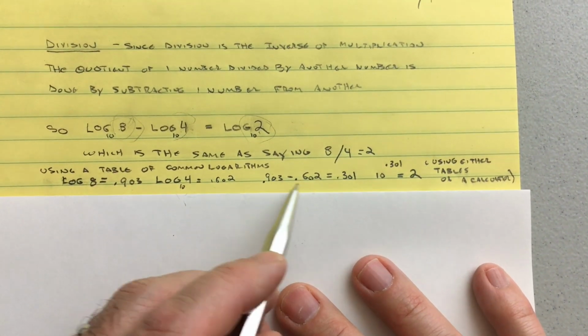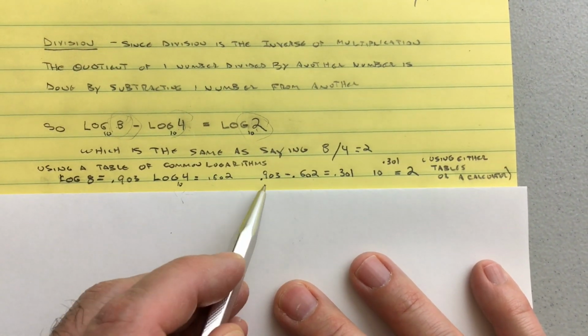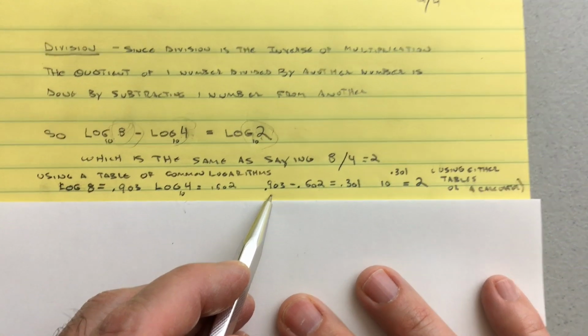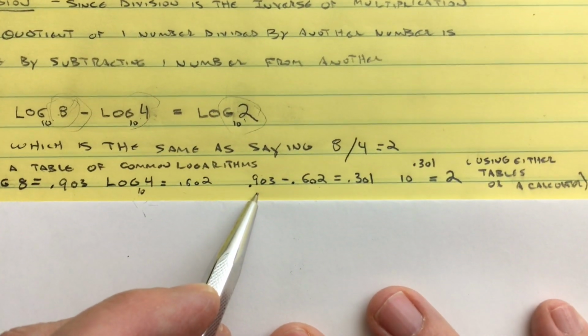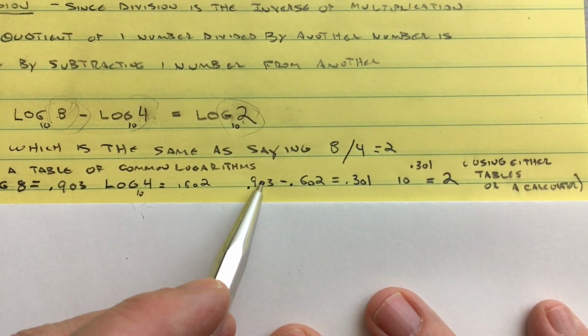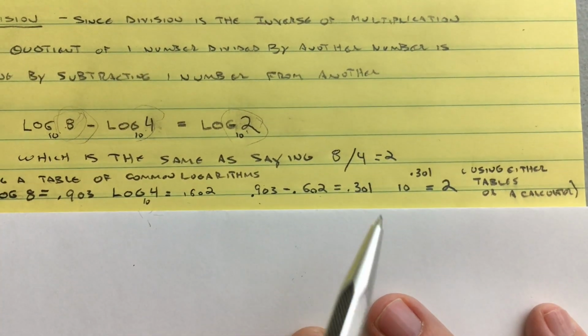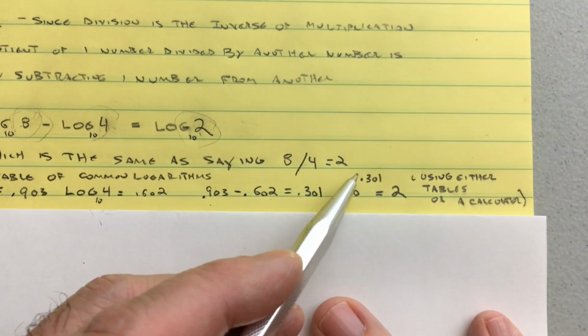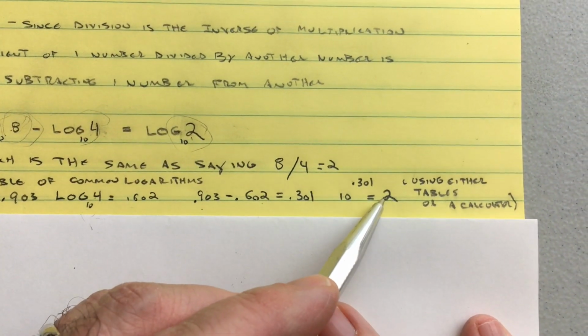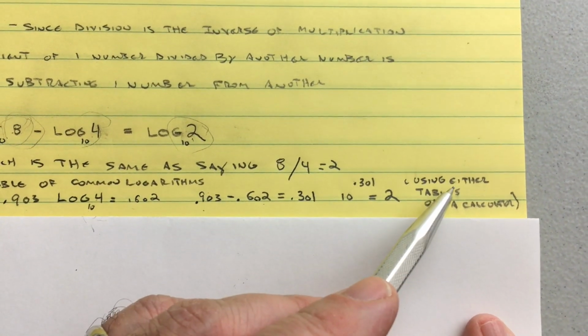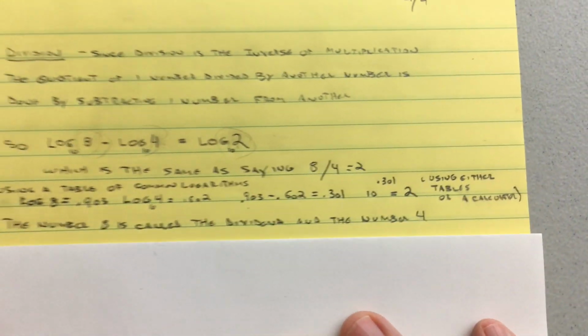If I subtract the 0.602 from the 0.903, and remember that represents the logarithm values of 8 and 4 respectively, we get 0.301. 10 to the 0.301 is approximately equal to 2 using either tables or a calculator.